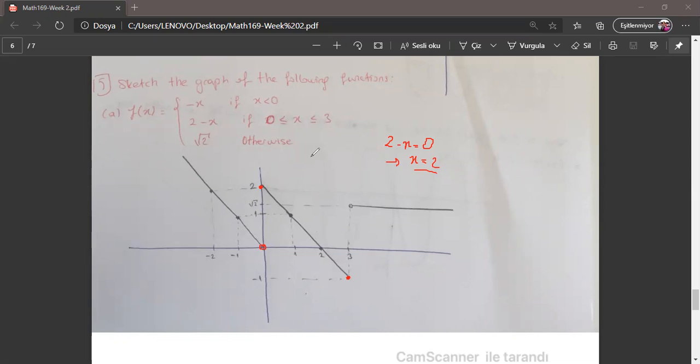Otherwise, from 3, it's not included in the interval because we have already the equality here. So from 3 to infinity, it's defined by square root of 2. So we get this constant function. Again, here we have the empty dots because we don't have equality here.